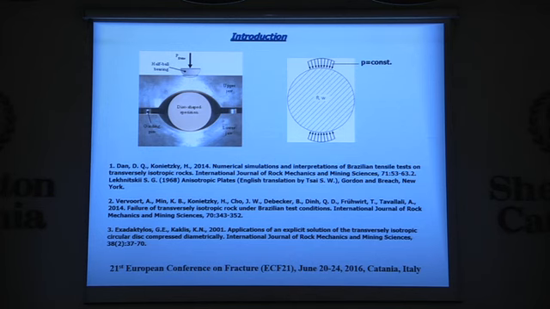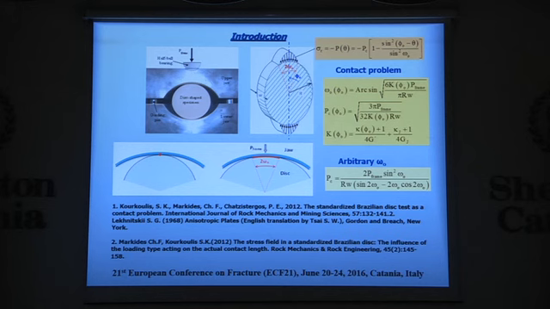Coming on to our work, the novelty of the present solution lies in the fact that we are going to consider a parabolic distribution of radial pressure instead of a uniform one, as we have seen in the previous slide. The parabolic distribution is much closer to reality.